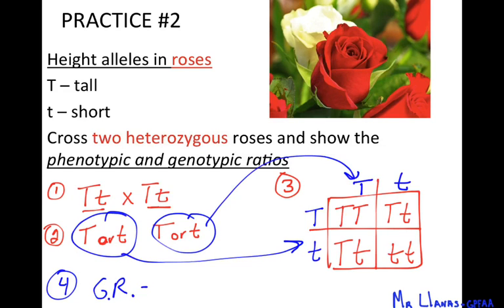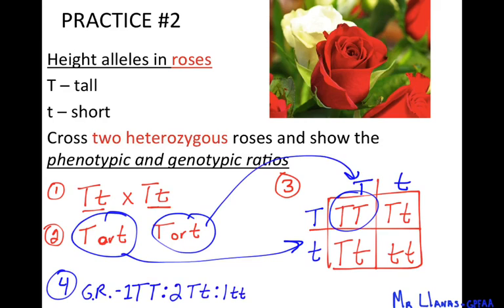GR stands for genotypic ratio, and we can say that there is 1 big T, big T, there's 2 big T, little t, and there is 1 little t, little t, and that would be our genotypic ratio. That's just how many of those types of genotypes there are.